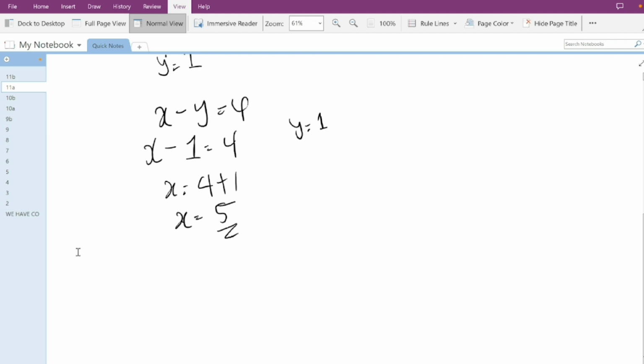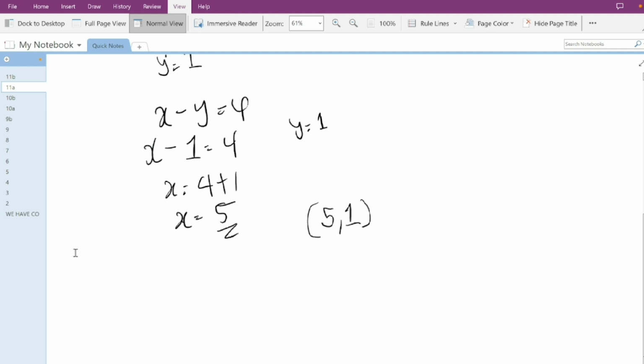So what it's saying is, at the point of intersection, the value of x is 5 and y is 1. And like we write it as a point, we write the value of x first before the y. So we have our second coordinate at the point of intersection of the two lines as x is 5, y is 1.